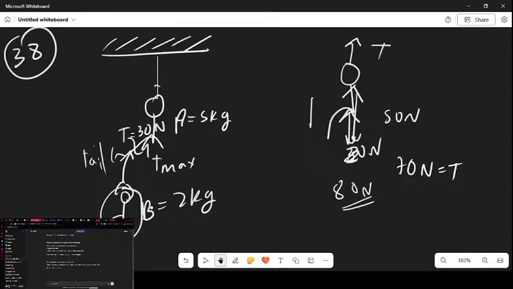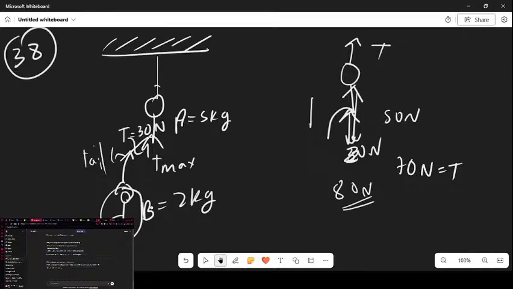Tension T, 5 meter per second square, and 25 pseudo force on the block A, and force F, so 55 Newton plus mg 15 Newton, so that is 105 Newton. Okay, pseudo force.